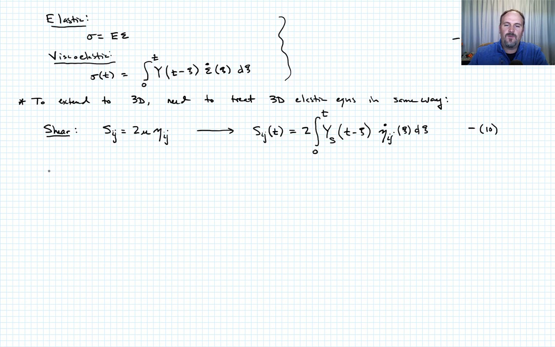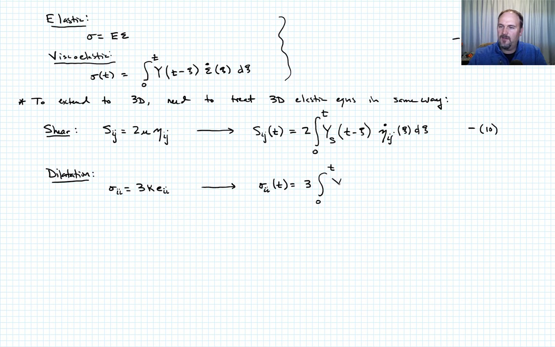And for dilatation, we can do the same thing. For dilatation, we had that sigma ii was equal to 3 times K times epsilon ii. Let's say now that sigma ii as a function of time is equal to, we still have our 3 out front, 3 times the integral from 0 to t.